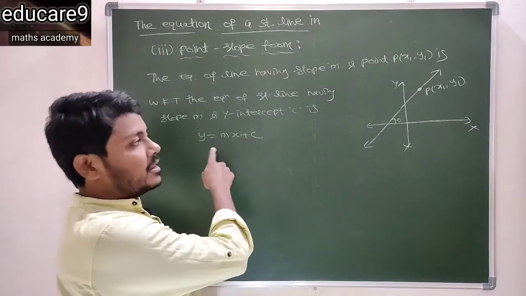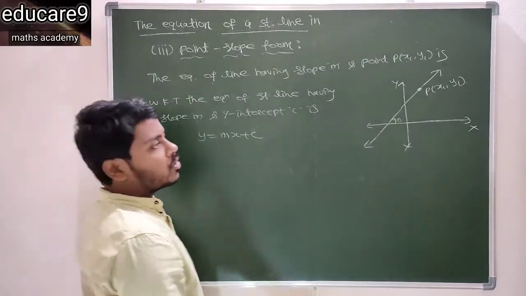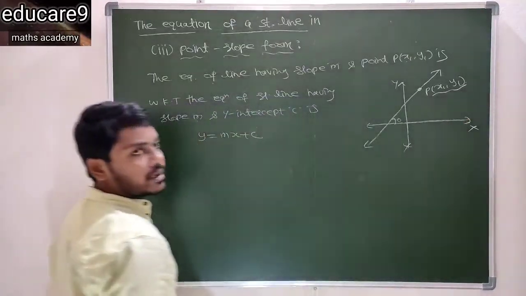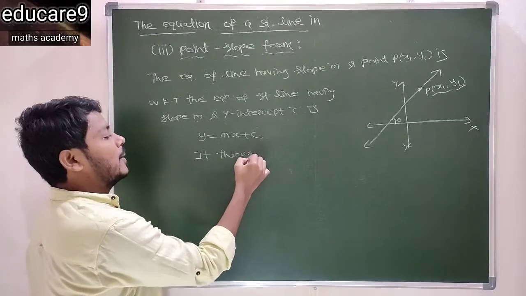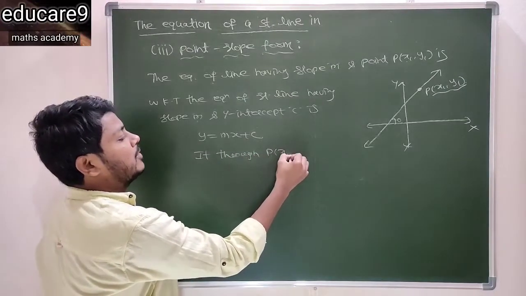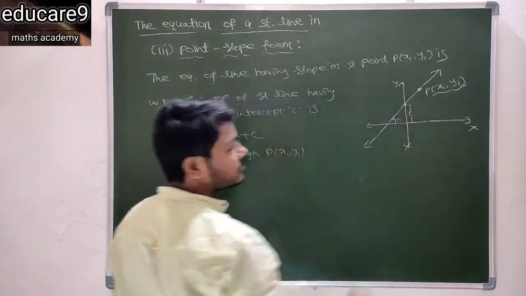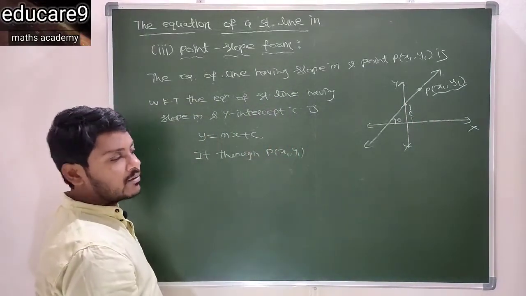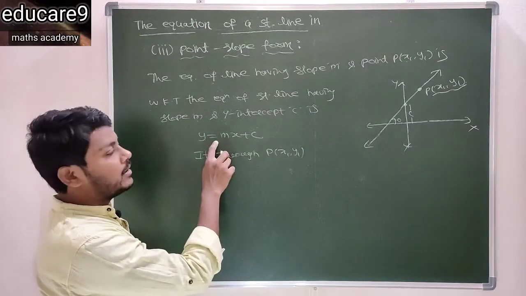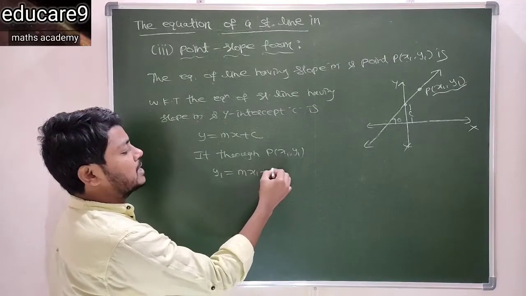So clearly this equation passes through the point (x1, y1). So see here, this is the y-intercept. Okay, no? So clear that the line passes through the point (x1, y1). So substitute the point in the given line. So what you get? y1 is equal to mx1 plus c.